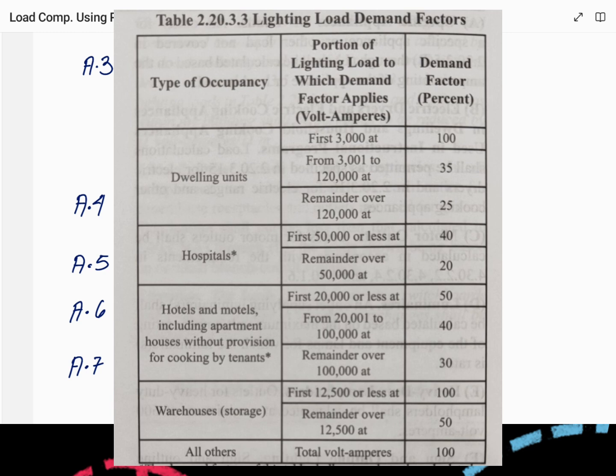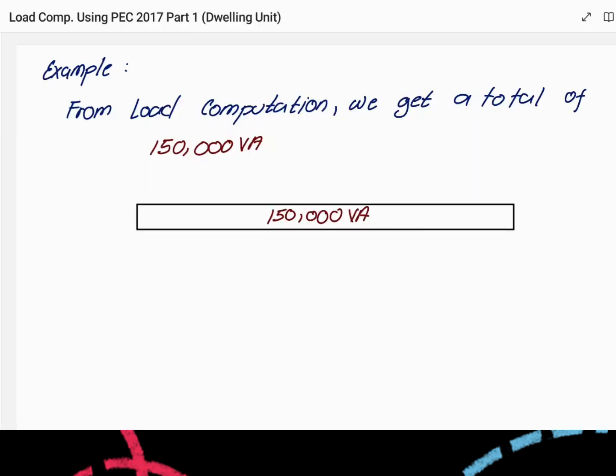So here in the table, the first 3,000 VA for the dwelling unit should have 100% demand factor. Then from 3,001 to 120,000 VA, which is equivalent up to 117,000 VA, should have 35% demand factor. And above 120,000 VA should have 25% demand factor.